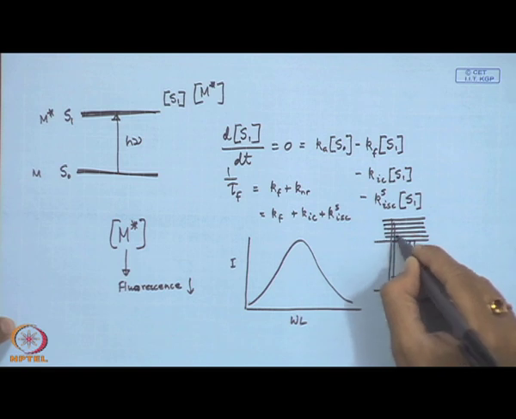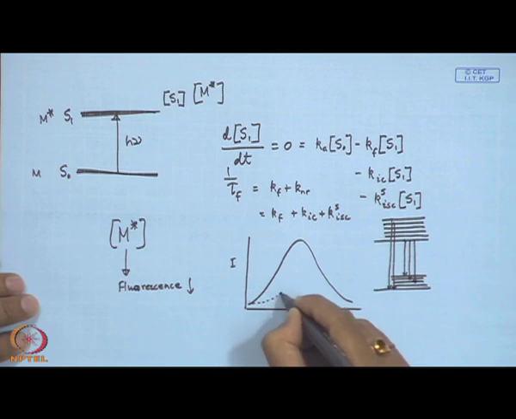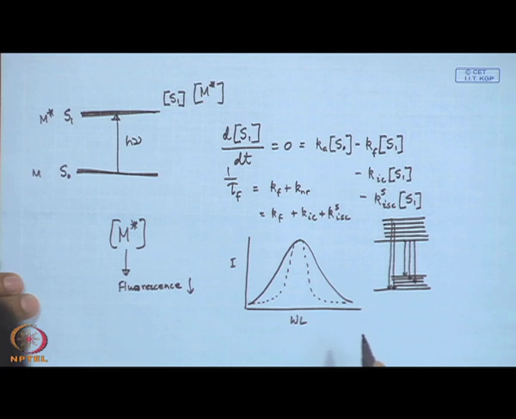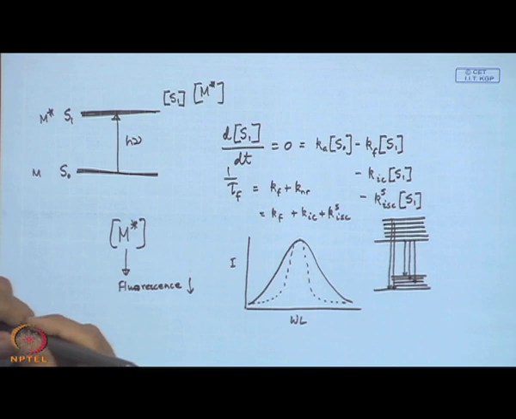Therefore this broadening possibility is diminished, and you may expect sharper spectra. These are the intricate things that we will encounter as we move on towards the later part of the series of lectures. This is a very important point that one should be looking into.